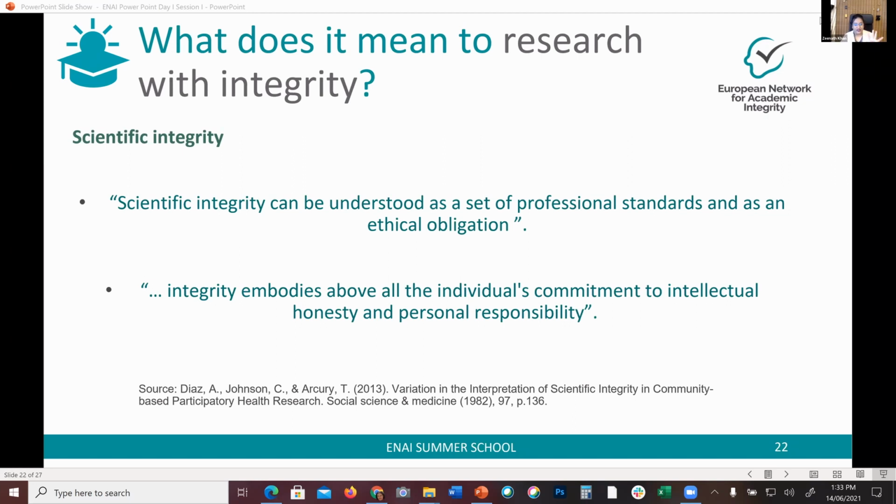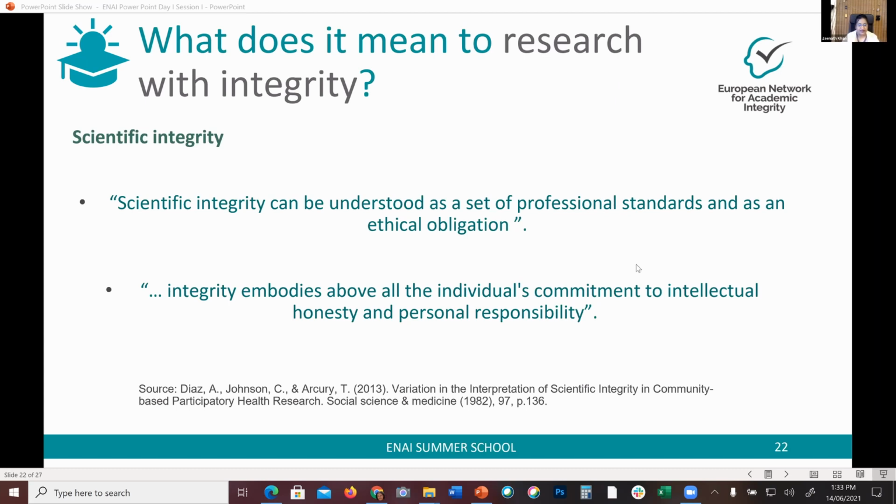But here's the truth of it: it is professional standards and ethical obligation, but you can't have these ethical standards and obligations without embodying the values of honesty and responsibility and fairness and truthfulness and respect and courage, all of which Inga has already talked about when we look at the fundamental values of academic integrity. These are the basic values that we stand on when we think about academia as a whole, not just academic integrity in classrooms, but also research integrity.